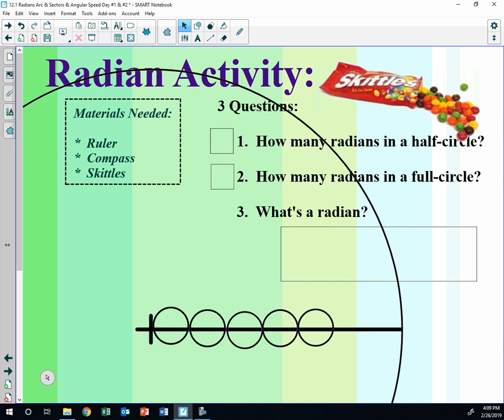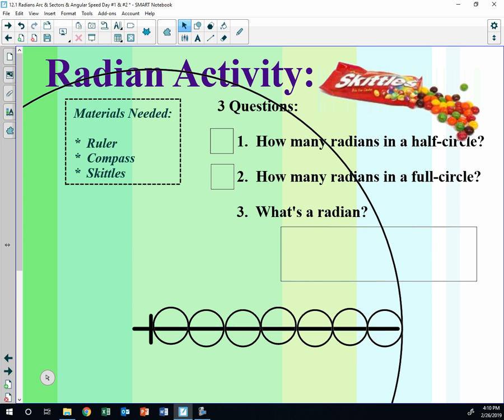Oh, this is going to be so close. 6 and 7. That is incredible. That's the closest I've ever been. In fact, if I move some of these back, it's going to be almost right on. And this shows the radius would be 7 circles or 7 Skittles.